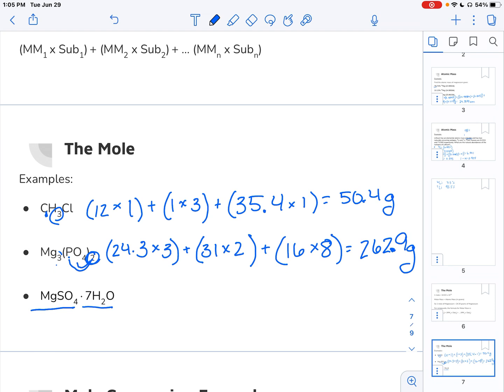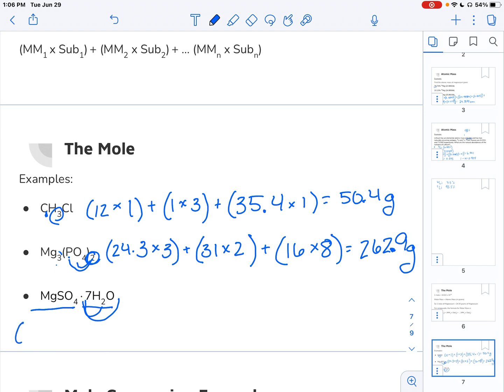So here you would have 14 hydrogens, 7 times 2, and 7 more oxygens, because you already have 4 before it. So that coefficient, it's kind of like in balancing, where we distribute the coefficient, you do the same thing here.